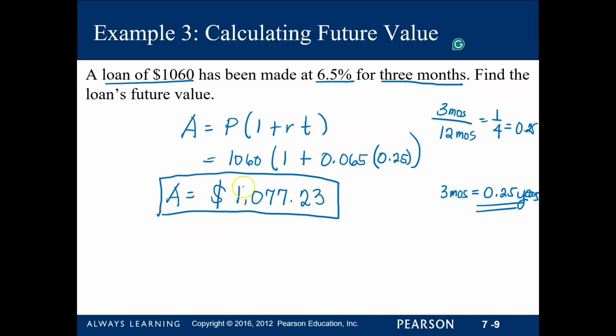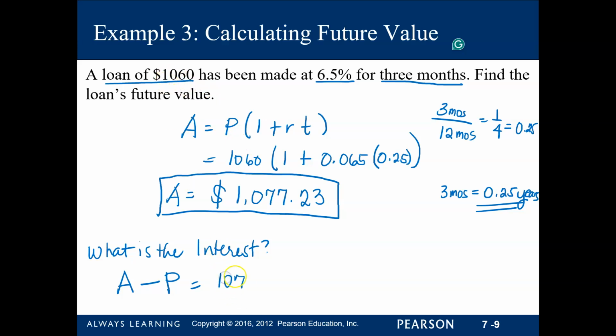Now, as you can see, the future value will always be higher than the amount. So if I am going to ask, what is the interest? What is the interest paid? So the interest is simply the future amount minus the borrowed money.